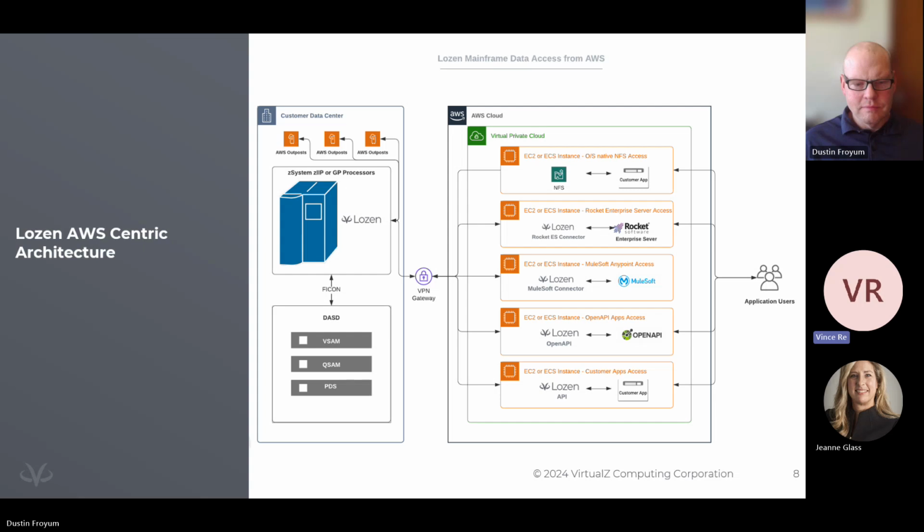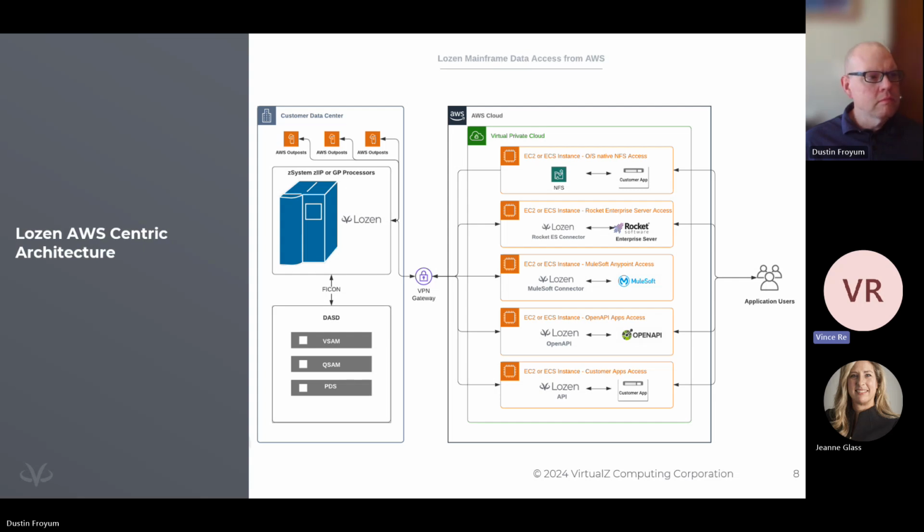And that'll run the COBOL, but again, what do you do about the data? In our case, what you do is you run Lozen on the mainframe, and when that COBOL program runs in the cloud, it's got access to everything it had when it was running on z/OS.